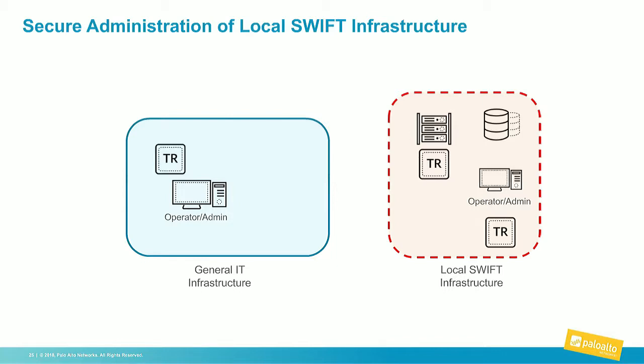Moreover, traffic flows from the remote operator workstations into the local SWIFT infrastructure should be controlled by a next-generation firewall. As further protection of data that may be in transit from the operator workstations to the local SWIFT environment, GlobalProtect may be used to establish an IPsec VPN to that next-generation firewall.